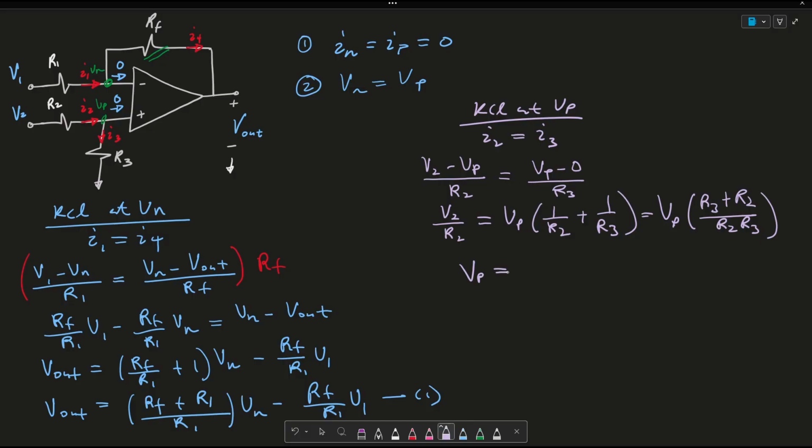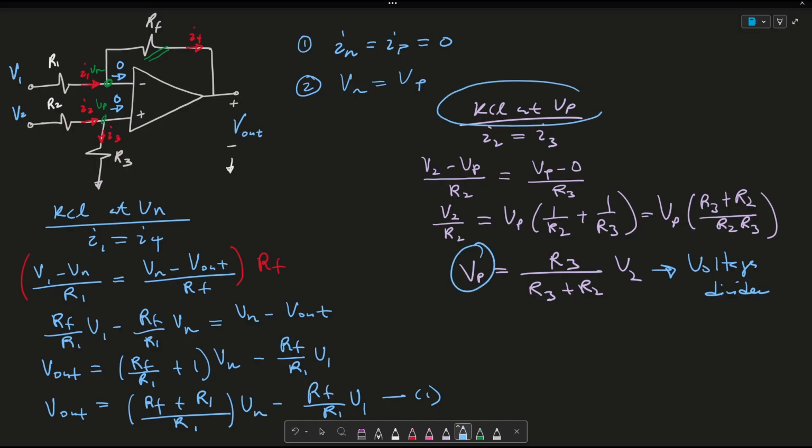So then Vp is equated to R3 over R3 plus R2 times V2. And as you can see, this here is basically my voltage divider at node Vp. But I wanted to do this step, the KCL step, so that it's clear and non-ambiguous.